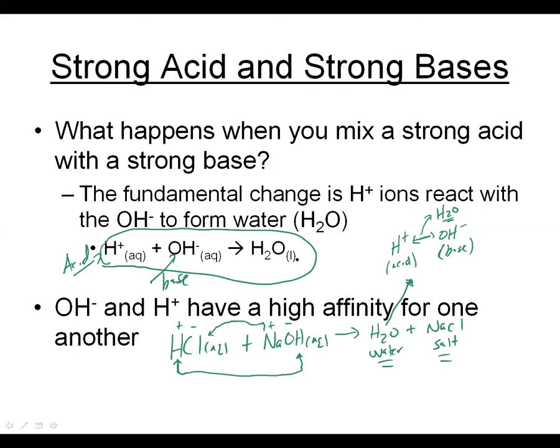So that is really the reaction that is truly taking place when you mix a strong acid and strong base together. And that's why it's called, again, an acid-base neutralization reaction, because essentially one thing that you're making is water.